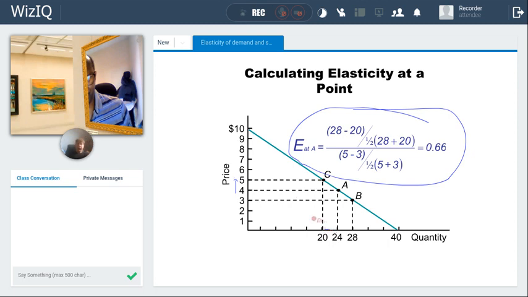Because this uses the average, your example doesn't use this. So all you need is, remember, the percentage change in the quantity divided by the percentage change in the price.